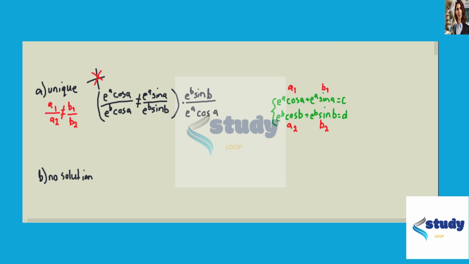Now, if we're multiplying both sides, cosine of a is on the top and the bottom, right here and right here. So we can cross those guys out. On this side, it'll still be here. We have e to the power of b multiplied by sine b on the top right here and on the bottom right here, which means that that's going to cancel out.